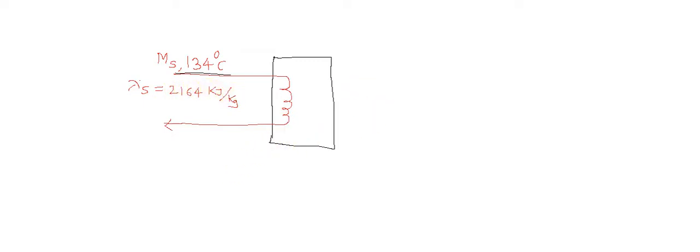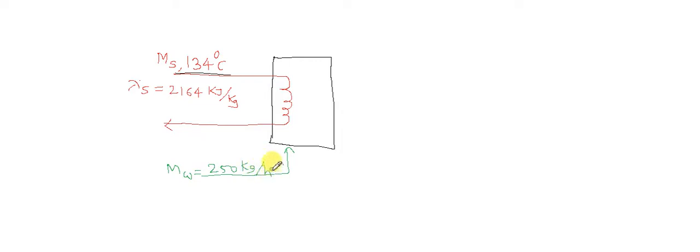Then the input here is steam ms, and the lambda s value is given. Now another input quantity is weak liquor. The flow rate of weak liquor given is 250 kg per hour.